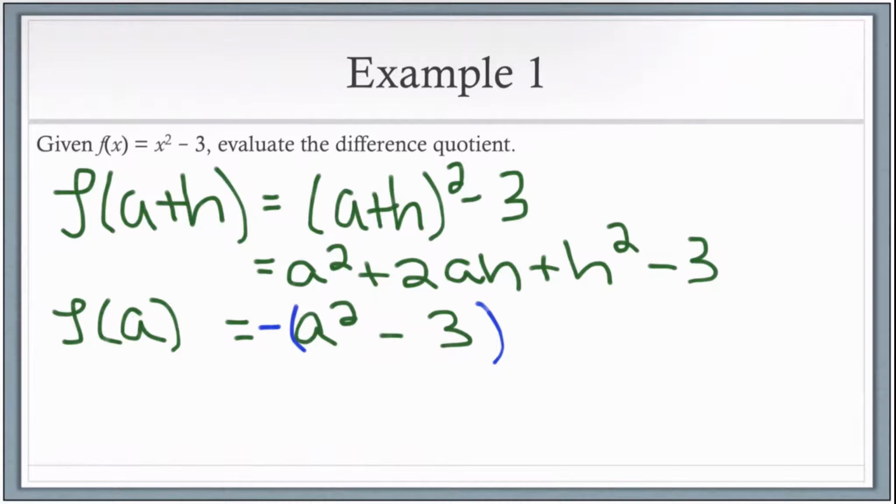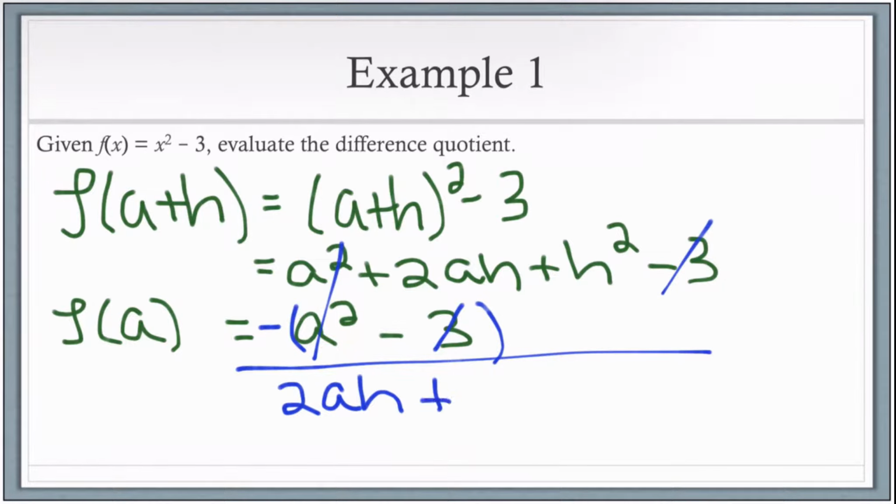A squared minus a squared, well, those are going to cancel. Negative 3 minus a negative 3, those are also going to cancel. So I'm left with 2ah plus h squared.